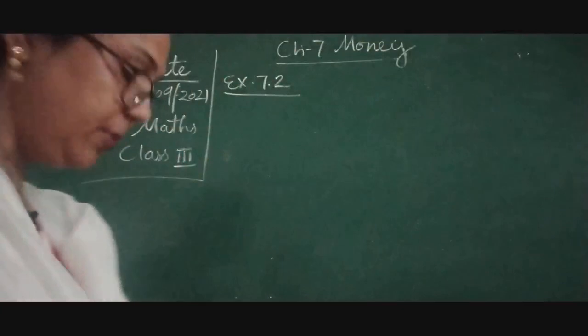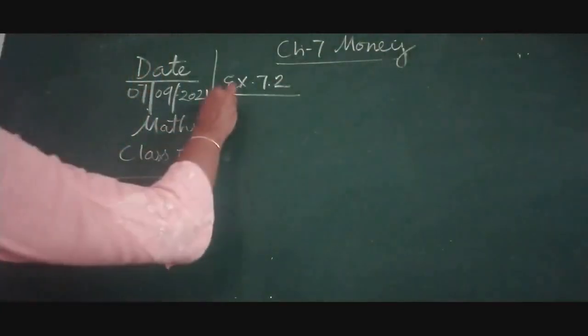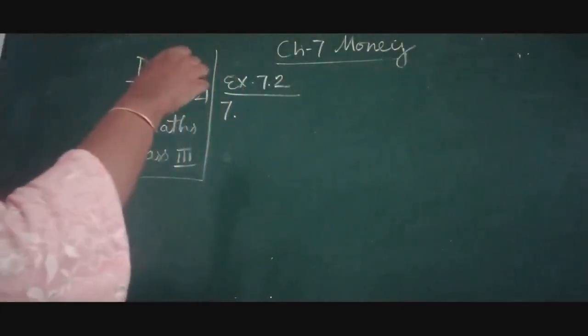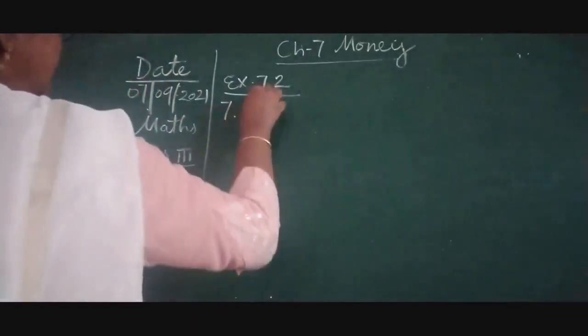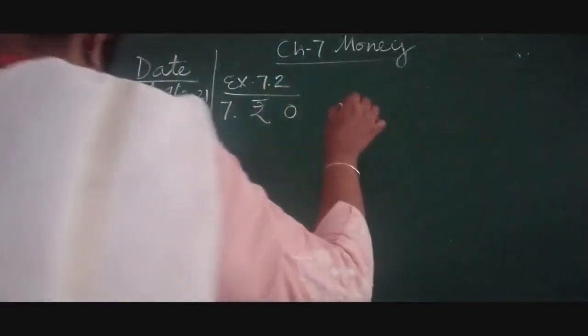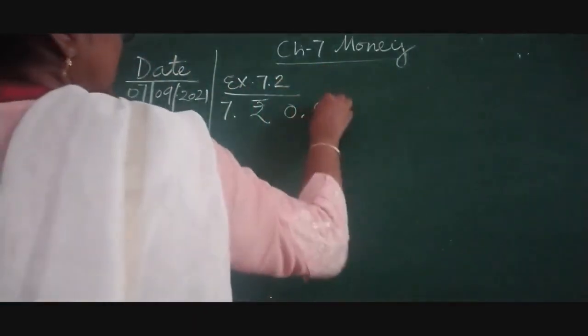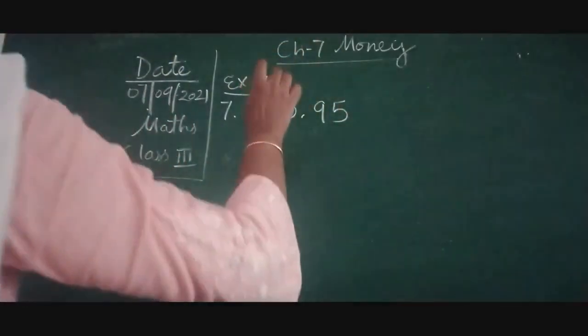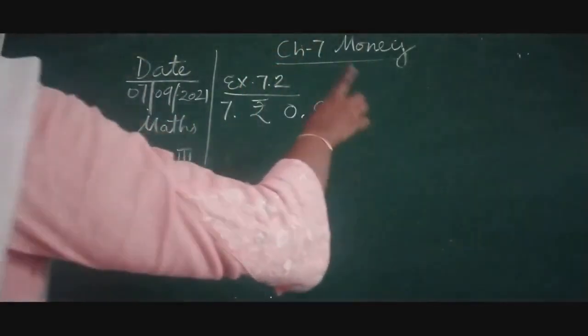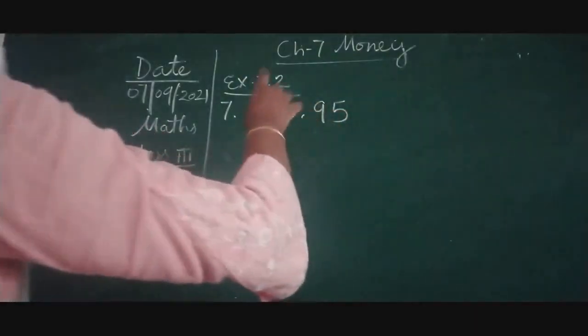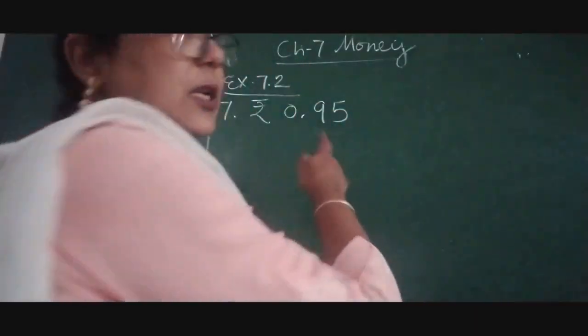In number 7 it is written rupees 0.95. It means 95 paisa. Here the instruction is: convert the following rupees into paise.